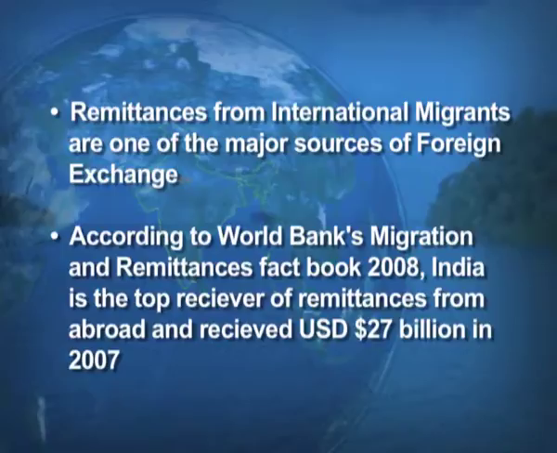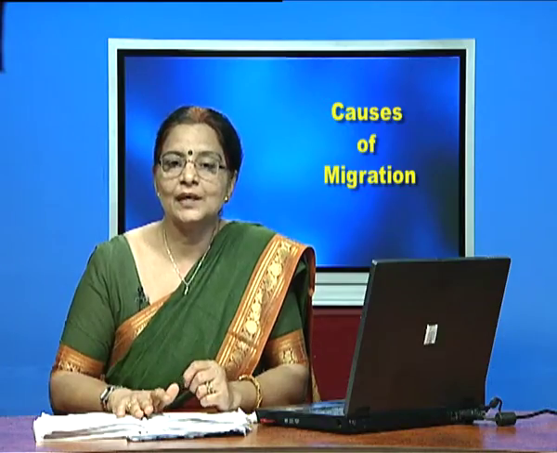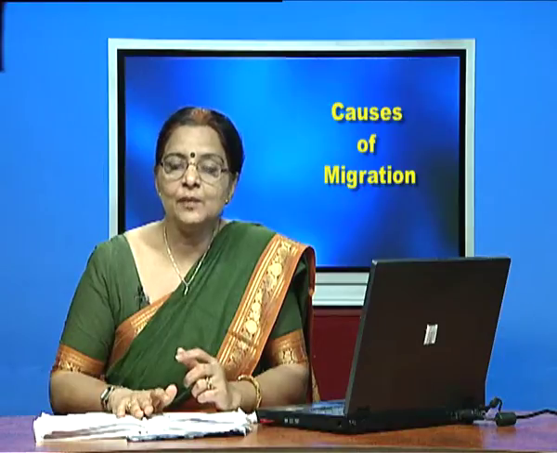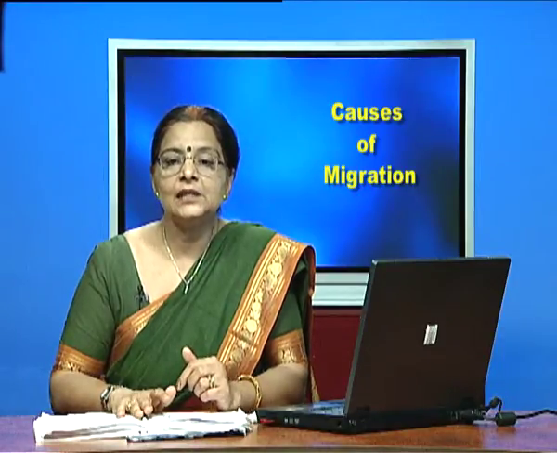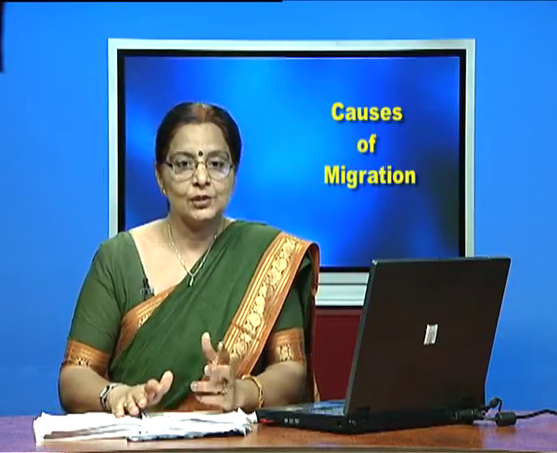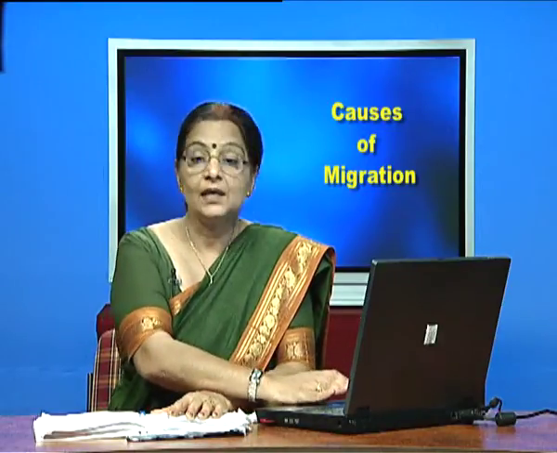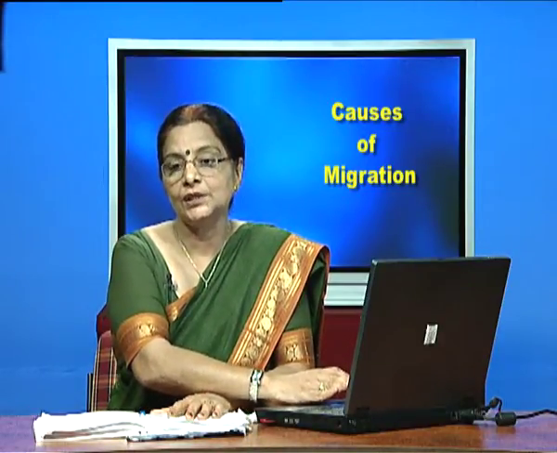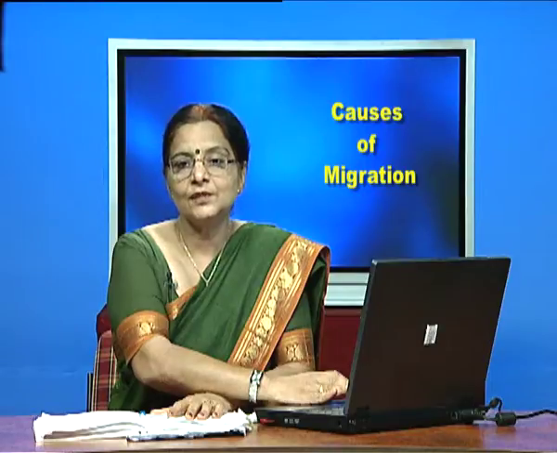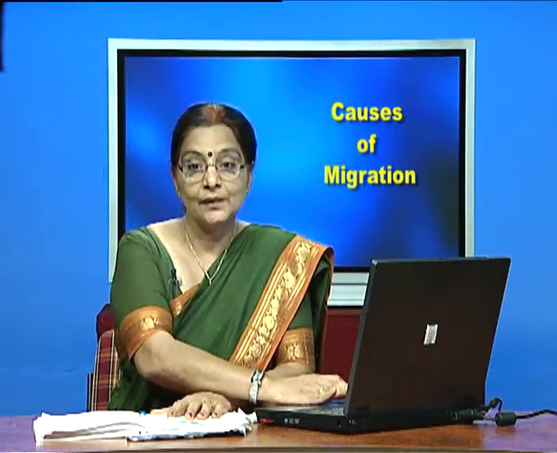That is, India received USD 27 billion in 2007. So, children, you can imagine how many people have made the international migration. With the result, India is getting the foreign exchange. So, this is a positive consequence of the migration.